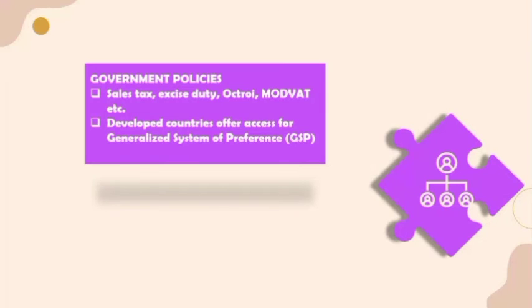In international business, many developed countries offer access to the product of developing countries under a generalized system of preference, which is GSP. This helps the exporter to enjoy the benefits of lower or zero import duty if their product have reached the host country and have been kept in customs bonded warehouse where they can be cleared without any delays.